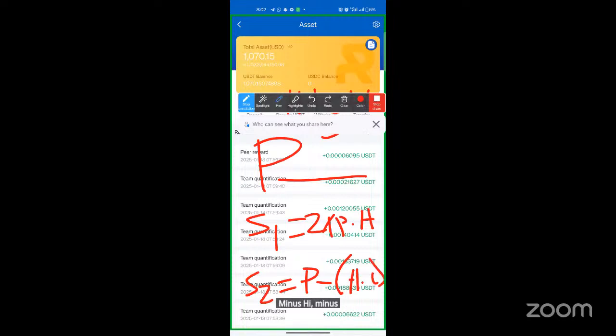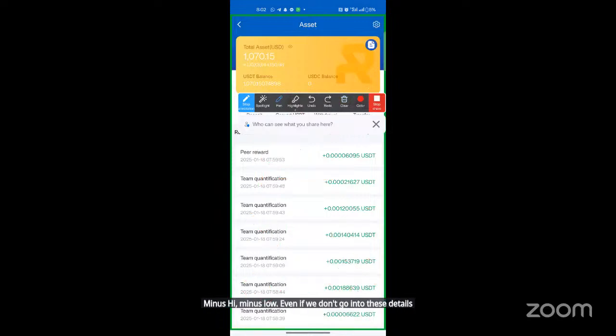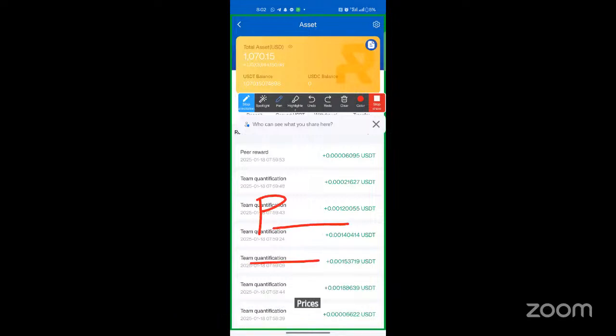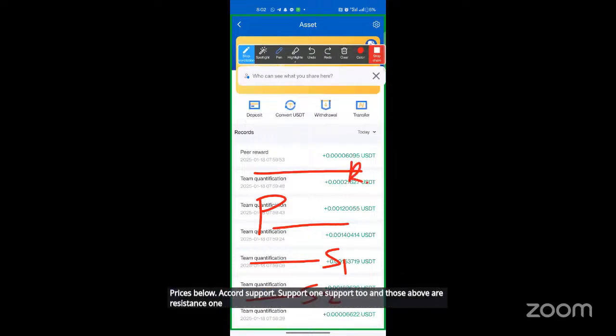Even if we don't go into these details, we must know that if the pivot is here, prices below are called support, support 1, support 2. And those above are resistance 1, resistance 2.